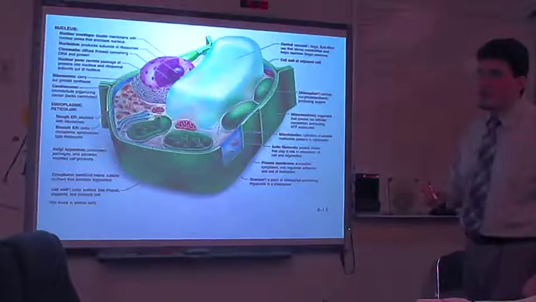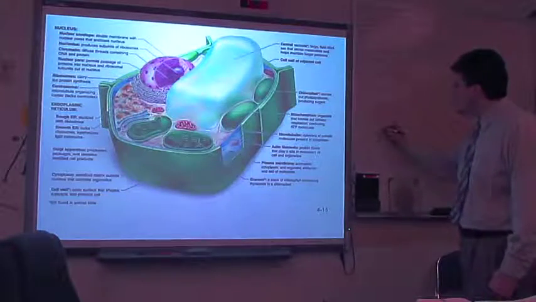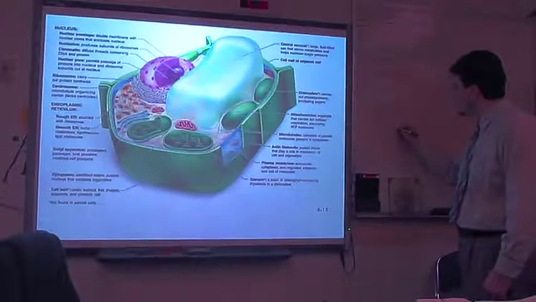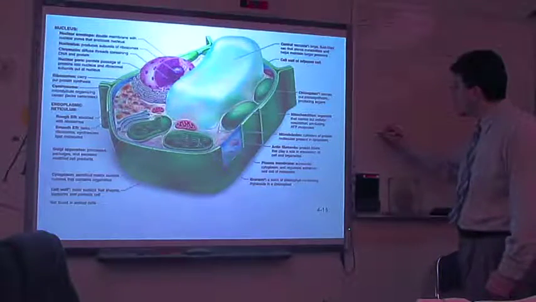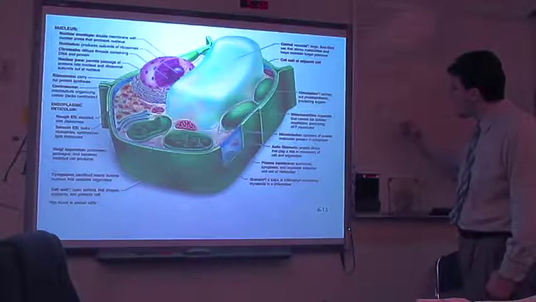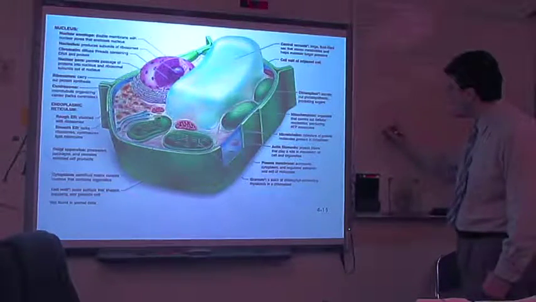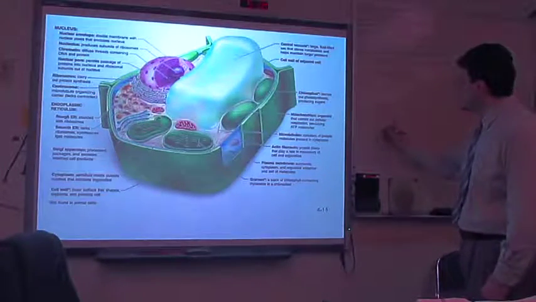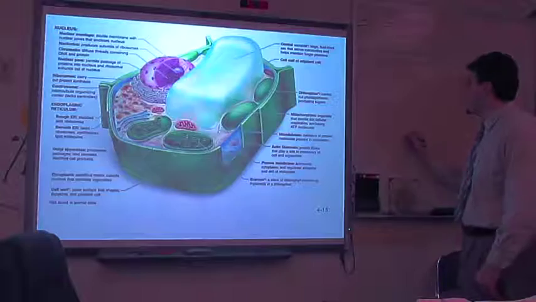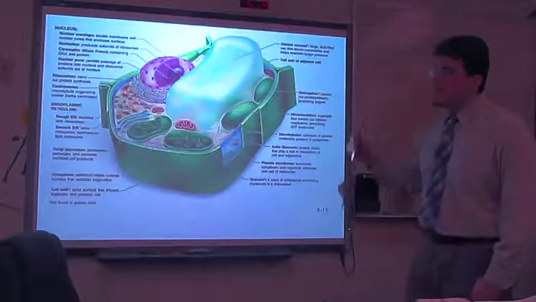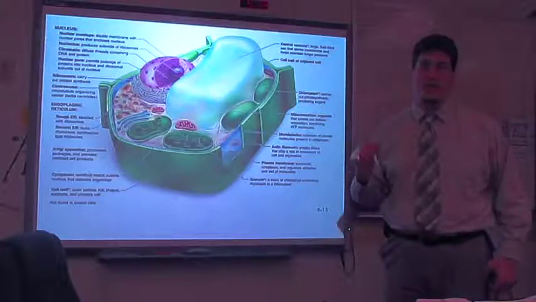When you draw two cells next to each other, you draw each of them with their own cell wall. Each of them has their own cell wall with a line between them. This line is the middle lamella, the middle layer.